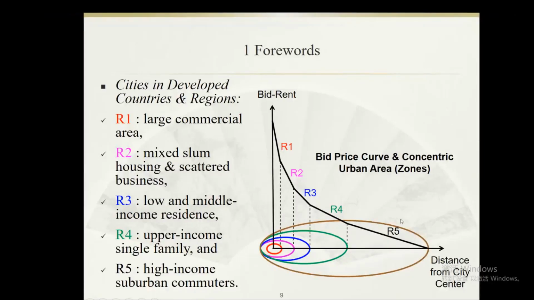R1, R2, R3, R4, R5? I don't think so. Maybe in the capital of your country, R1 live the richest people. Am I right? The richest people there.